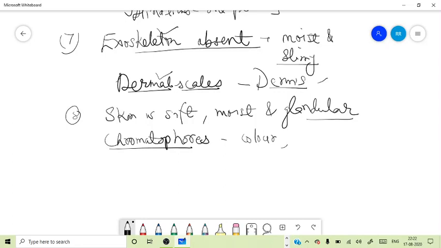And some amphibians have the ability to change the color of skin, that is metachrosis.